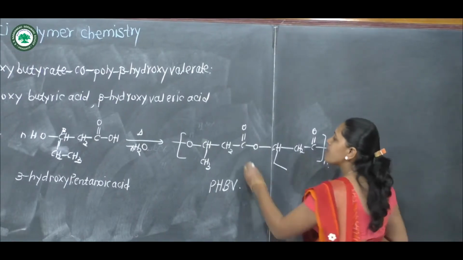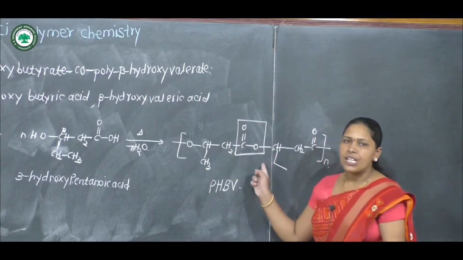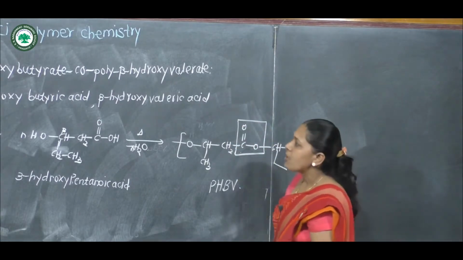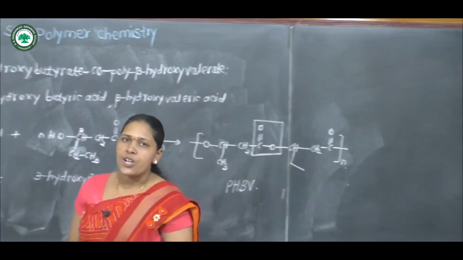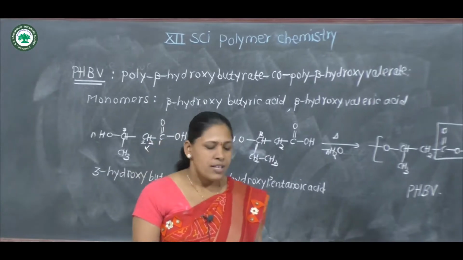It consists of a C double bond O linkage, that is an ester linkage. Therefore, this polymer is also called a polyester because it contains an ester linkage.